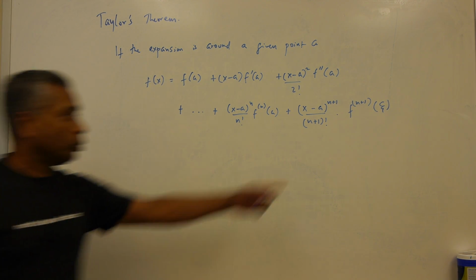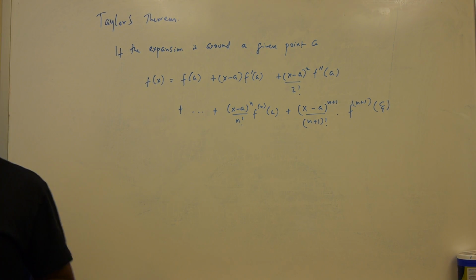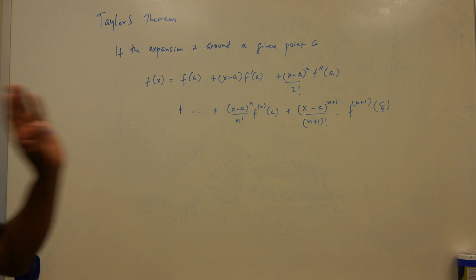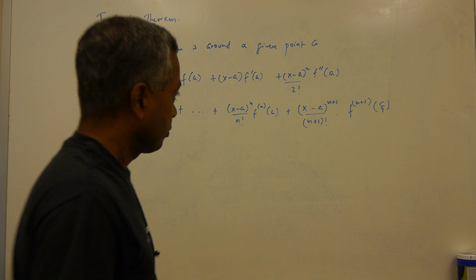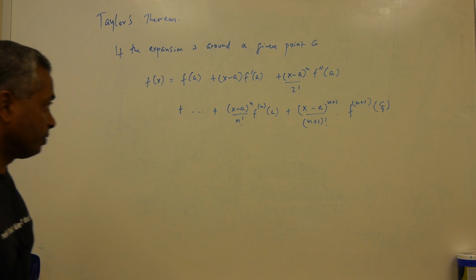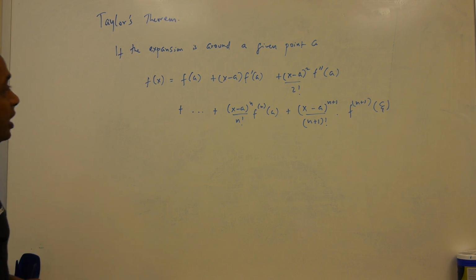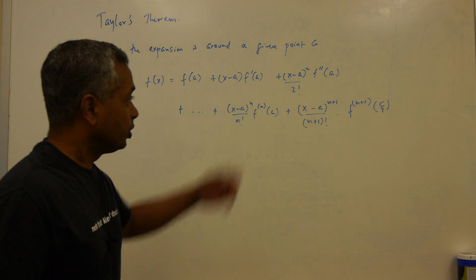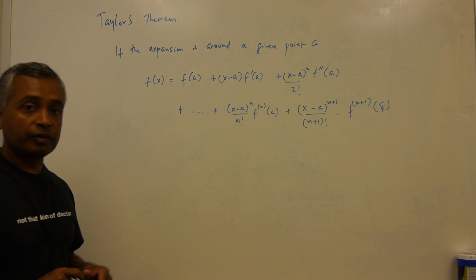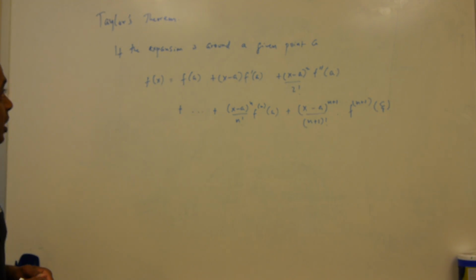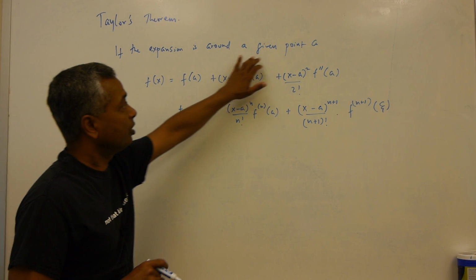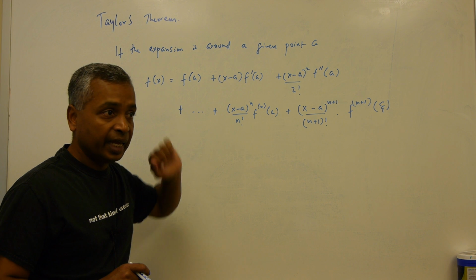Okay, so the point eta is in the interval between x and a, or a and x, depending on which side of a you are. Once again, it's exactly the same expression. In fact, if you simply replaced b by x, you would get exactly this expression from the previous expression as well. But this is called the expansion around a fixed point a.